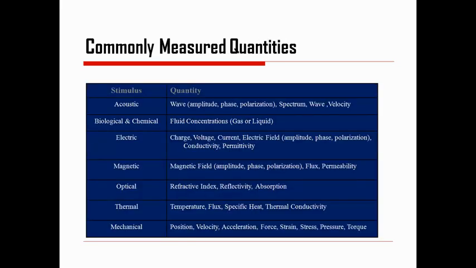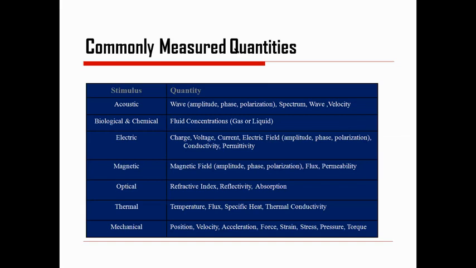Now, commonly measured quantity, stimulus. What is the input that has been given and what output are you getting? That is the quantity. Acoustic is the signal, represented in the form of wave or amplitude, phase, polarization, spectrum, wave, velocity.